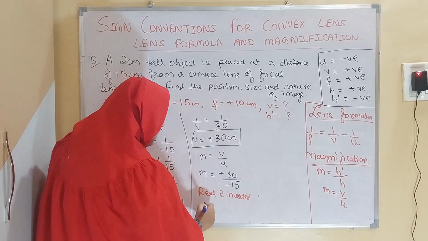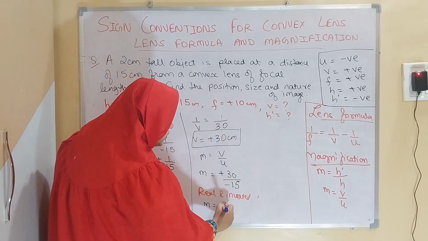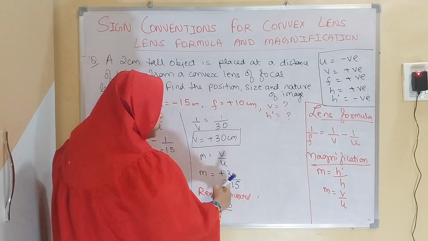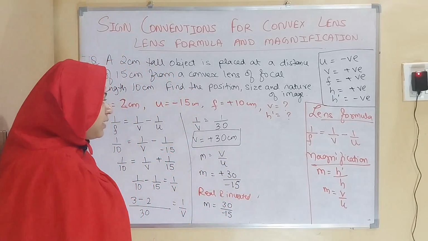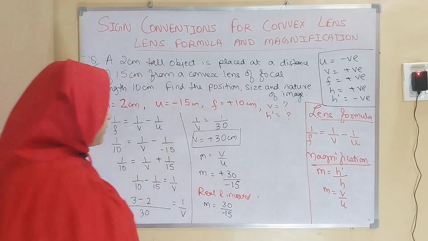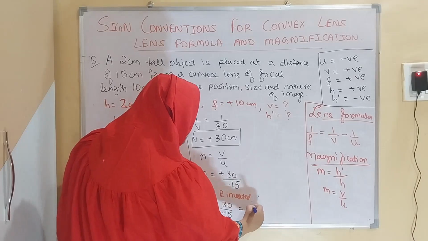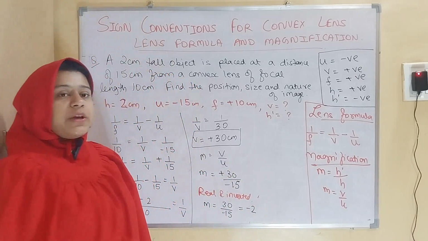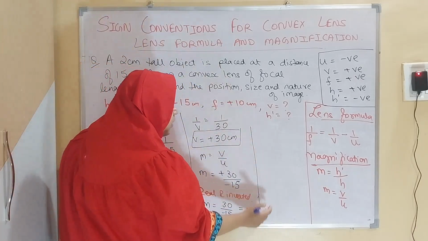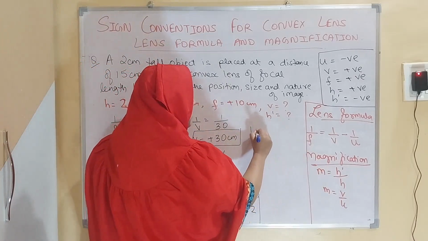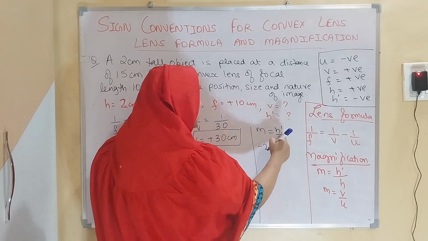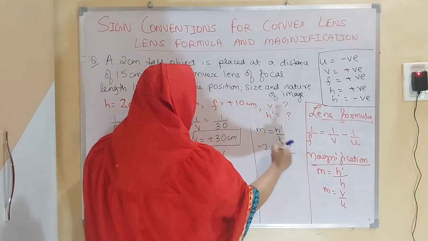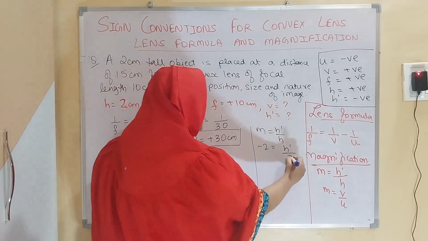Now m is equal to v upon u, 30 upon minus 15. So m is minus 2. Magnification is minus 2. Now applying m is equal to h dash upon h, minus 2 is equal to h dash, which we need to calculate, upon height of object, which is 2.